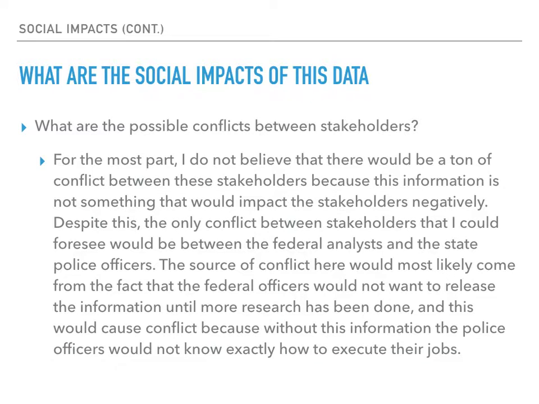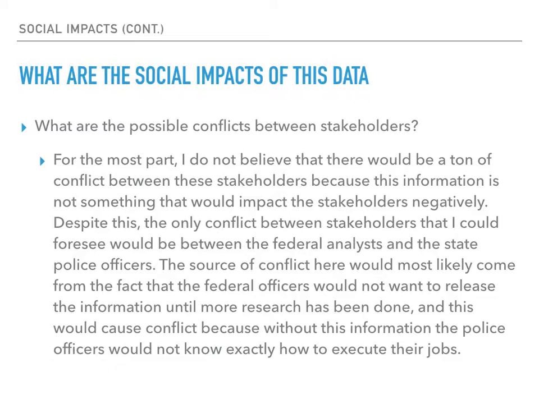Continuing on, there are also many conflicts that can occur between the stakeholders in regards to this data. In this data set, however, I do not believe that there would be a lot of conflict between these stakeholders because this information is not something that would impact the stakeholders negatively. Despite this, the only conflict between stakeholders that I could foresee would be between the federal analysts and the state police officers.